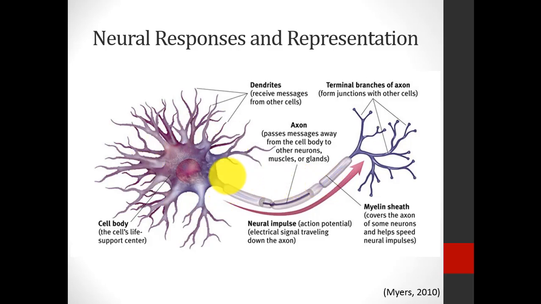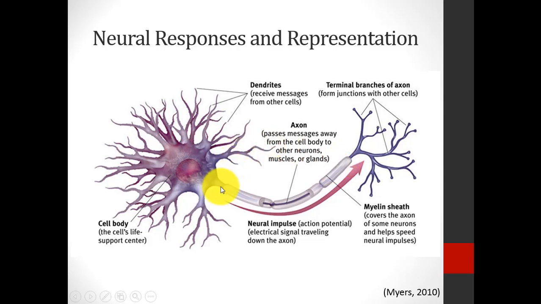It still does that when you have a myelin sheath, except that the charge, or the action potential, will jump from one node, called nodes of Ranvier, to the next, and there's no shifting of ions as we move across parts that are myelinated.